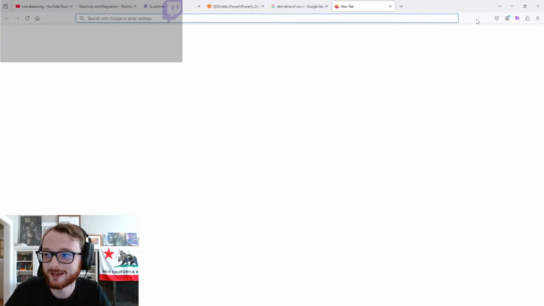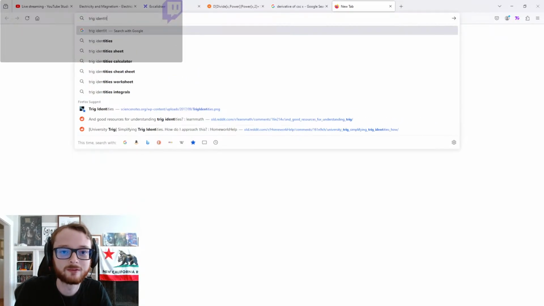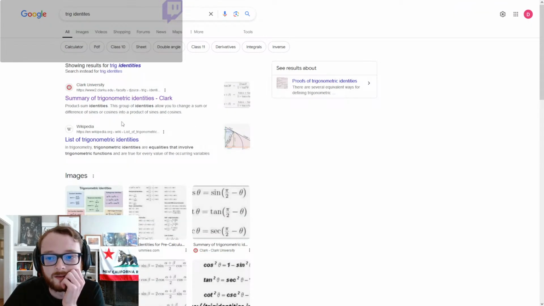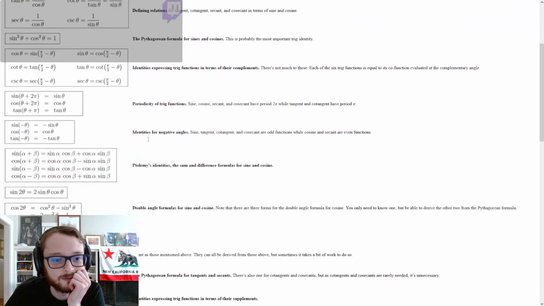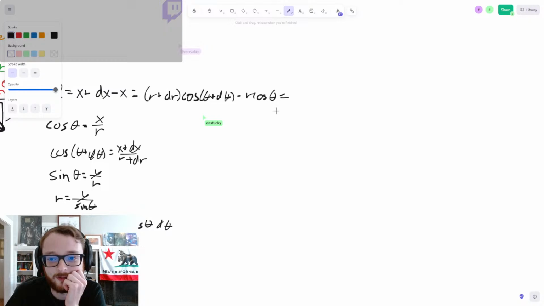I don't know if that's actually valid, but... I feel like they didn't do this when they were doing the Coulomb's law thing, though. Like, why didn't they have to deal with the cosine of theta plus d theta?